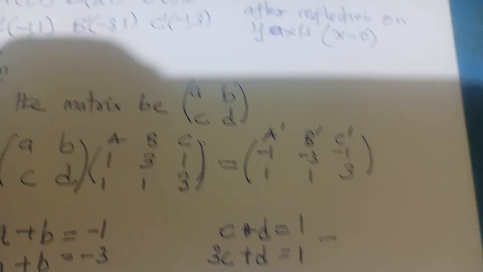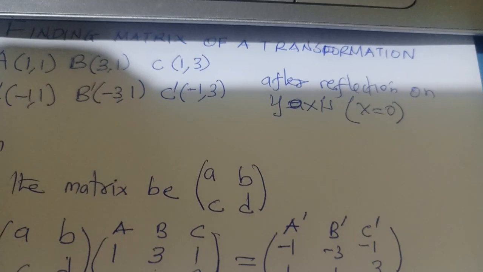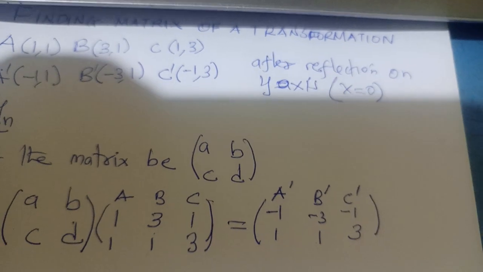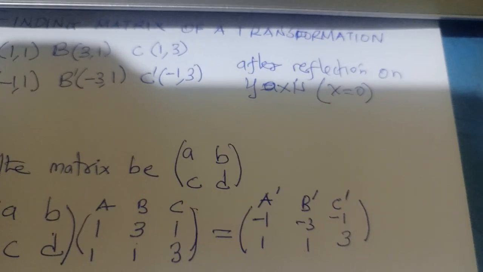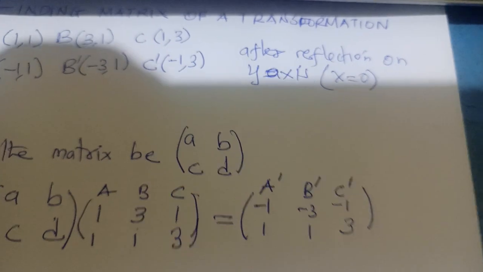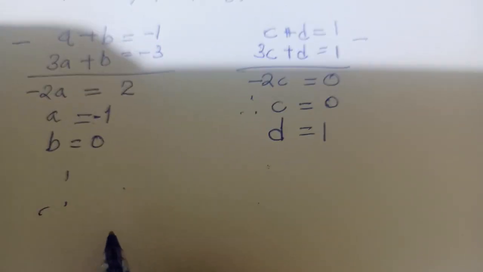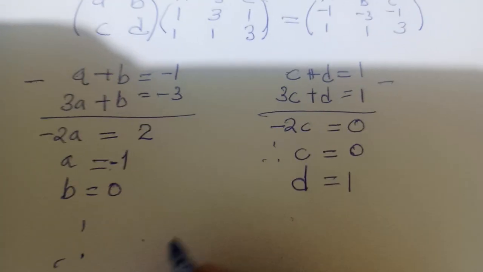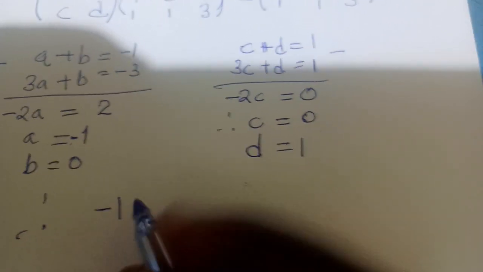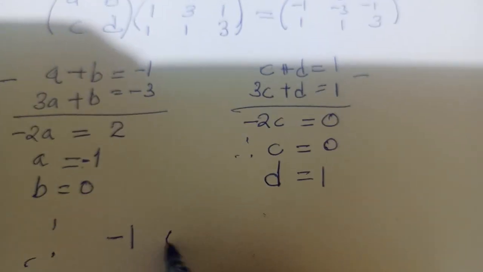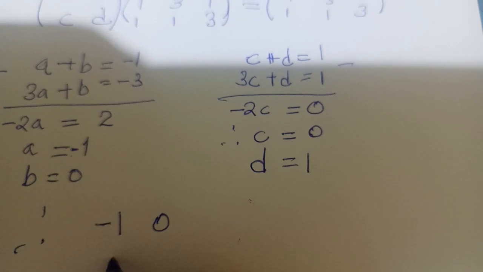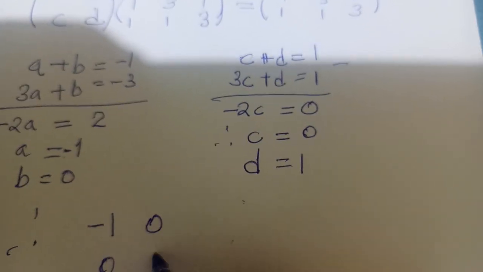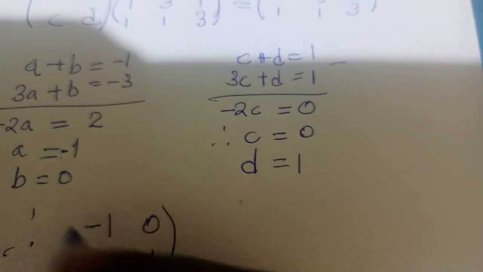And therefore, the matrix of transformation representing reflection on the y-axis, that is, the axis whose equation is x is equal to 0, will be A, B, C, D, with their values now determined. So our A is -1, our B is 0, our C is 0, and our D is 1.